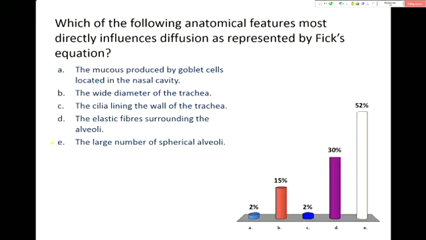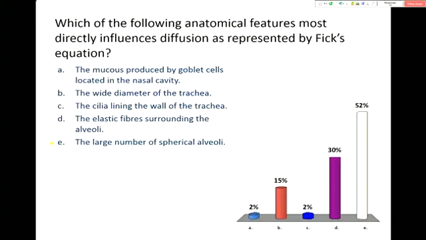Look, all of these have a function. So really quickly, what is the function of the elastic fibres surrounding the alveoli? Yeah, to allow alveolar recoil, to make the alveoli get smaller. Now, when do you need your alveoli to get smaller? When you want to exhale, breathe out.